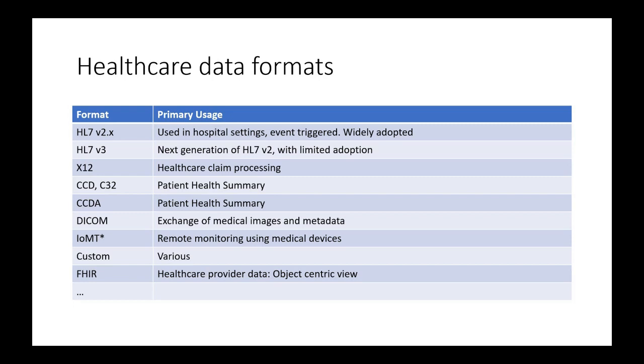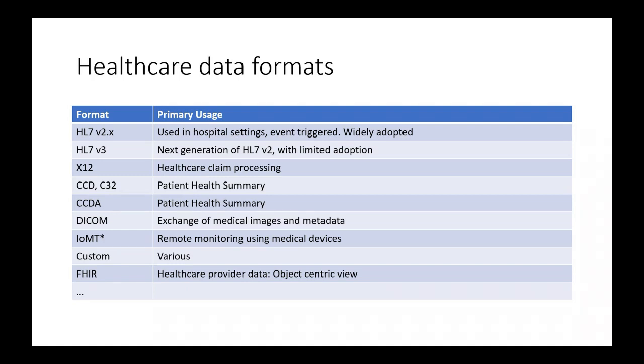Now, there were efforts to consolidate healthcare information at the patient level, and there were several efforts. So there were things like CCD and C32 for generating a patient health summary, so that you can have one document in which the entire information or the relevant information about the patient's health is captured. There were several efforts at that time, I think about 10 years ago or so. And again, what happened is that we had lots of competing standards. So CCDA came into the picture.